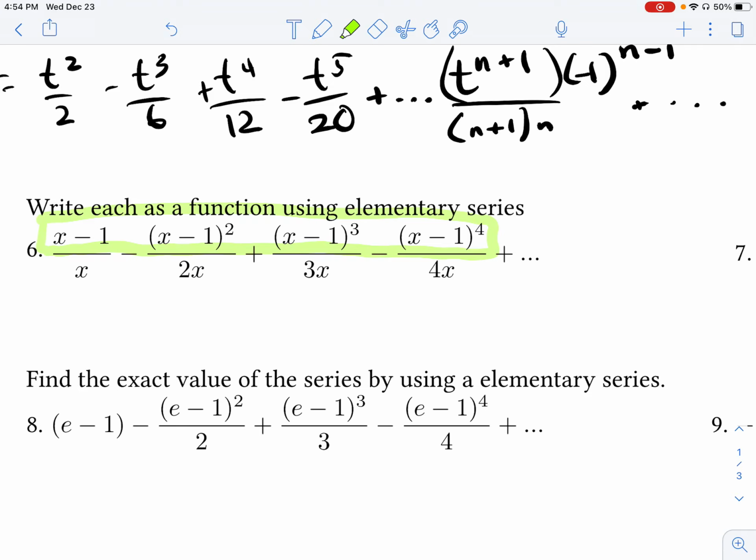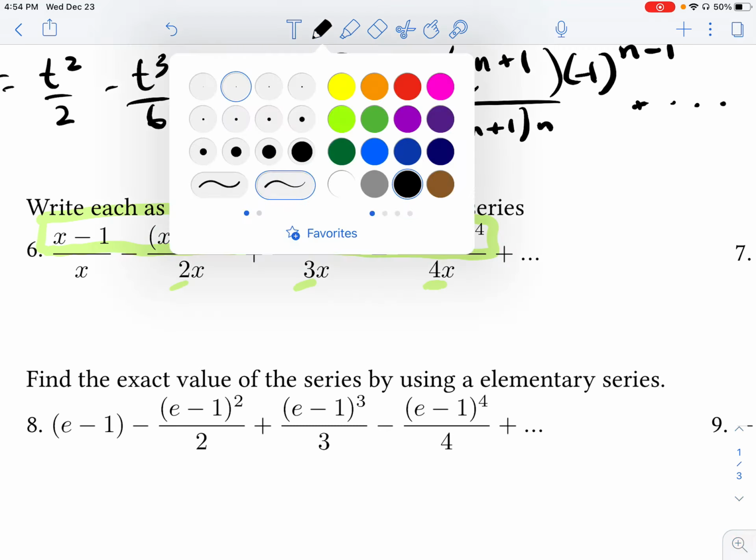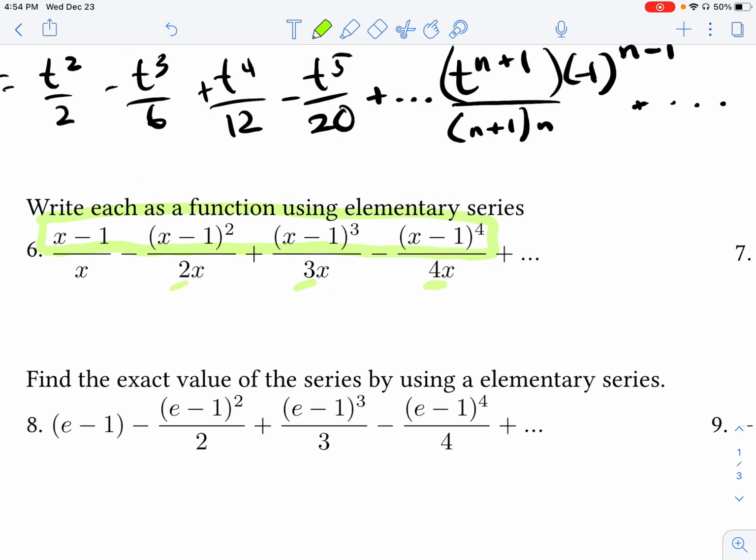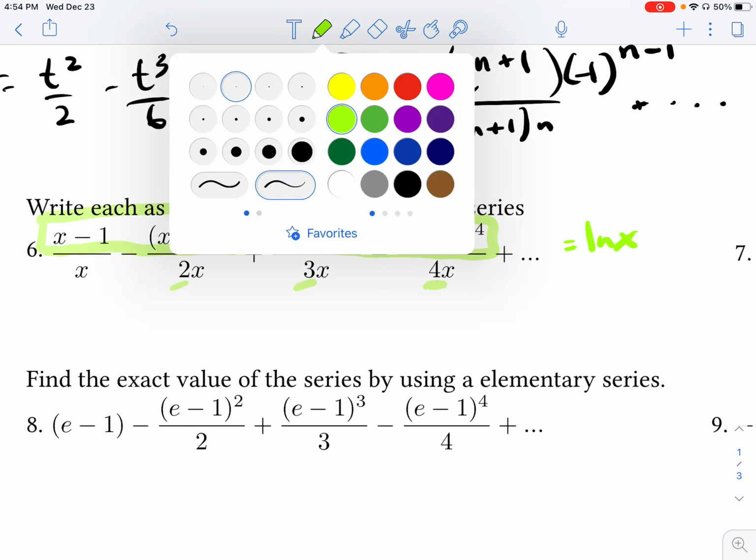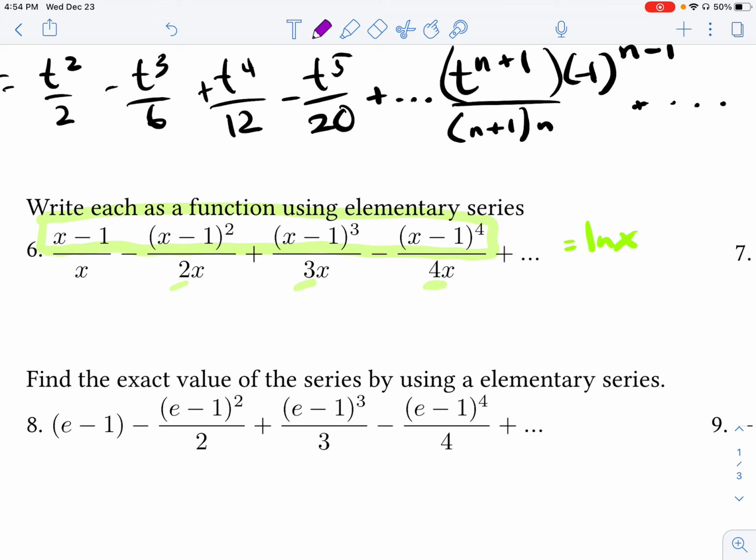Actually, not only that, but also what we see here in the denominators, right? All of these is really just what's in the denominator. So everything that I have highlighted in green, that's really just the natural log of x. Well, the only difference now is just making sure that I incorporate all of these x's in the denominator.